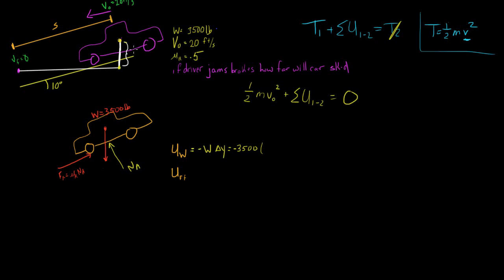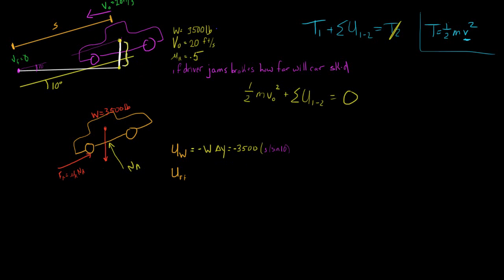So if we know that our car moves a distance of s feet, this distance right here is going to be s times the sine of this 10 degrees, because this is still a 10 degree slope right here, so it's going to be s times the sine of 10.